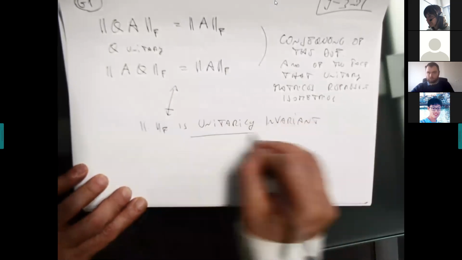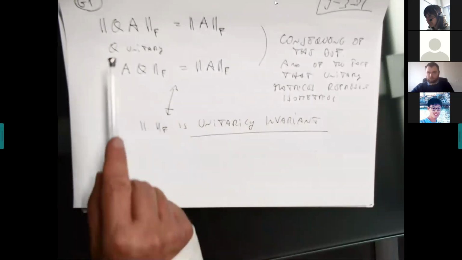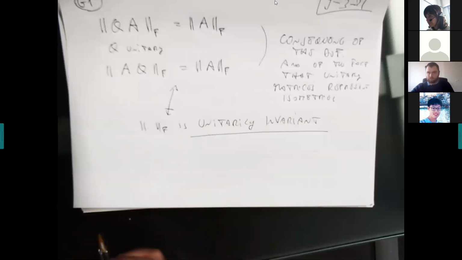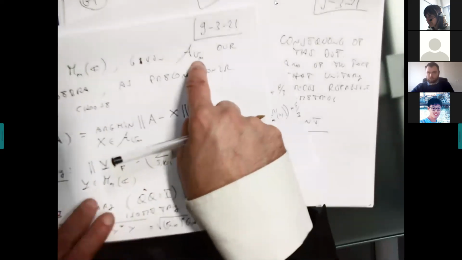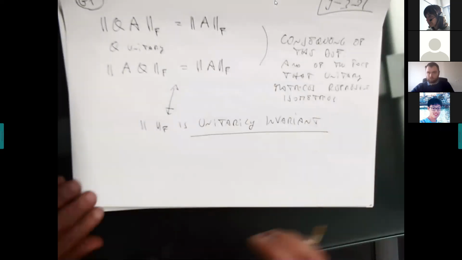And there are, as for Korobeinikov, whole books on unitarily invariant norms. The Frobenius norm is the most beautiful, from the computational point of view, unitarily invariant norm you can find. Unitarily invariant means that you can multiply your matrix from the left or from the right by a unitary matrix, and the Frobenius norm does not change. And why is this important for us? Because our algebras are related to a unitary transform. So this is the point.